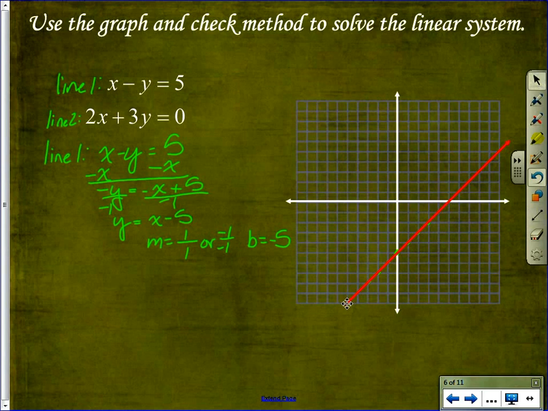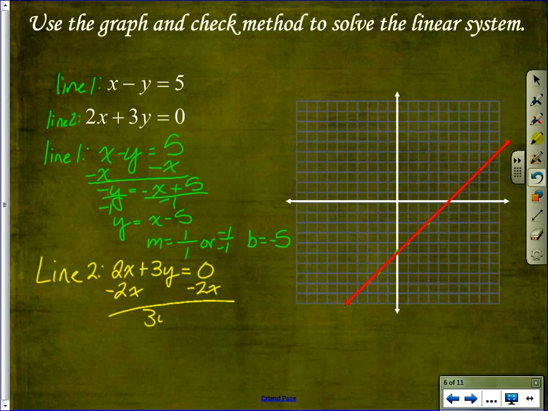Okay, so there's line 1. And then line 2, we have 2x plus 3y equals 0. Subtract 2x, and I get 3y equals negative 2x. And I know that some of you put plus 0, which is fine, but do I have to put plus 0?